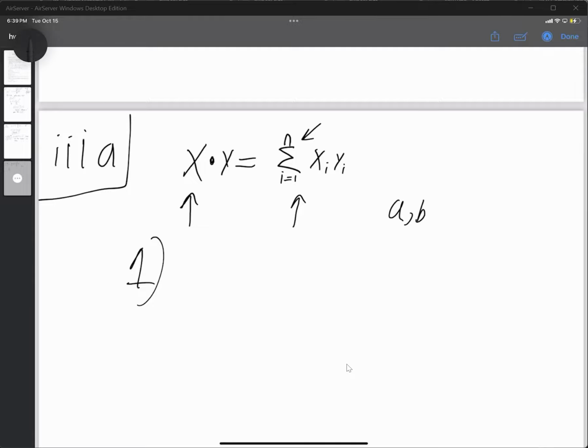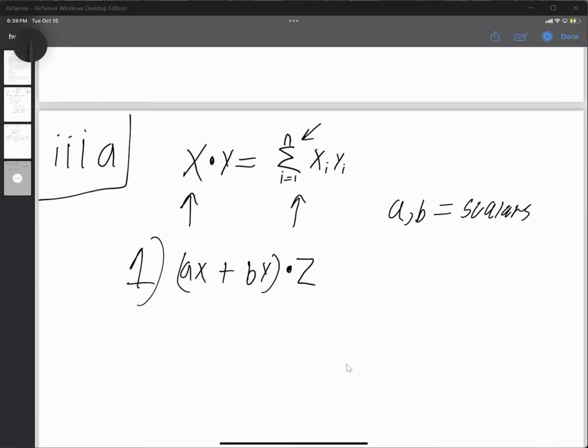These are scalars. a times x plus b and y. So first we must multiply each vector separately, here and here, by a scalar, and then add them together, and we'll get a new vector. And then we need to do the dot product with z.